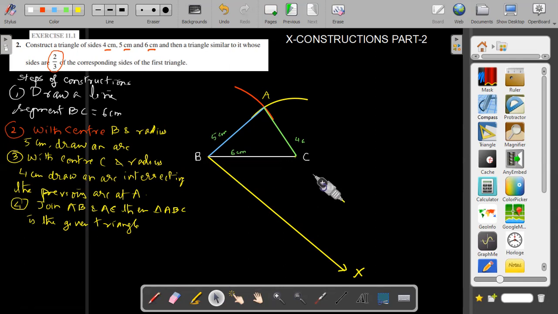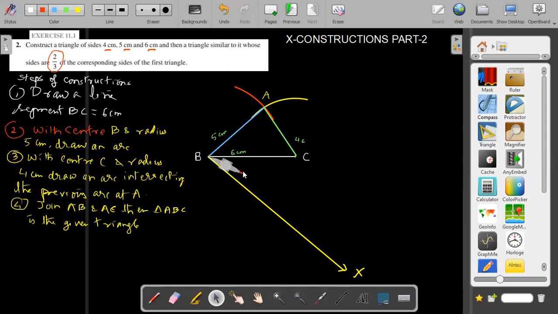So, 3 parts divide. From here you will put the compass and draw one arc.